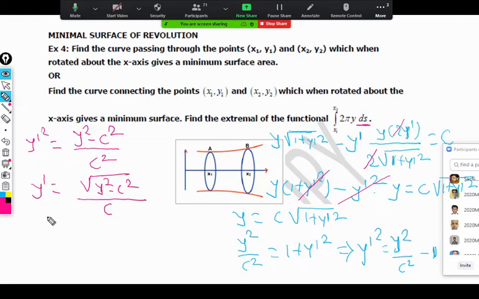So I can write it as c dy upon root of y square minus c square, with this c in the numerator, and this is equal to dx. Is it clear, or any doubt on this step? Y dash is dy by dx, and it is just written in variable separable form so that we can integrate LHS with y and RHS with x.